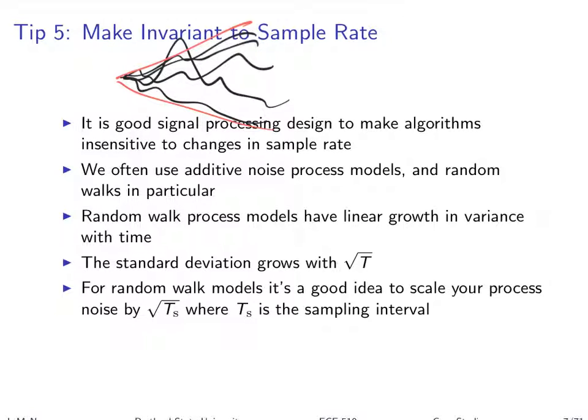So that ends up being the short answer to that question. There's much more math behind that, and I'm sorry I didn't have time to go through it this term. But the main point is, make sure that your design is invariant to changes in the sample rate. And that's true not just in this class, but in general.